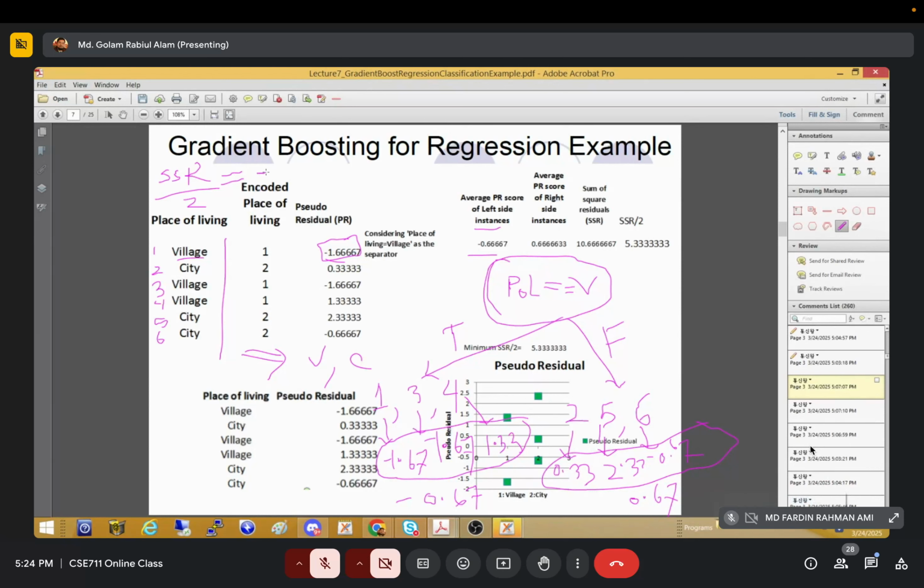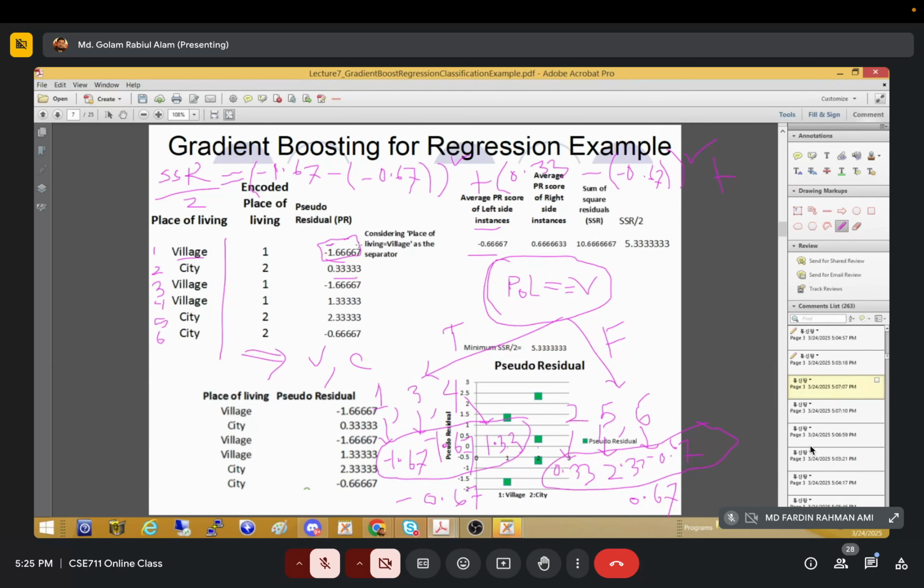So here is negative 1.67 minus negative 0.67, the square of that, plus the next value 0.33 minus negative 0.67, the square of that.